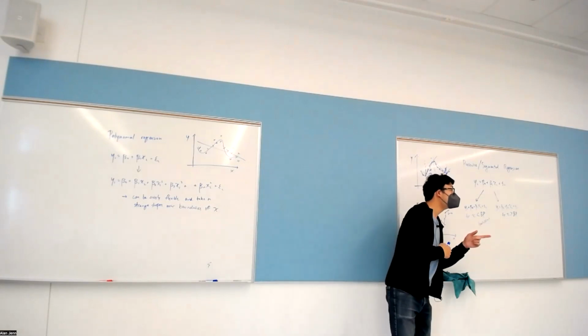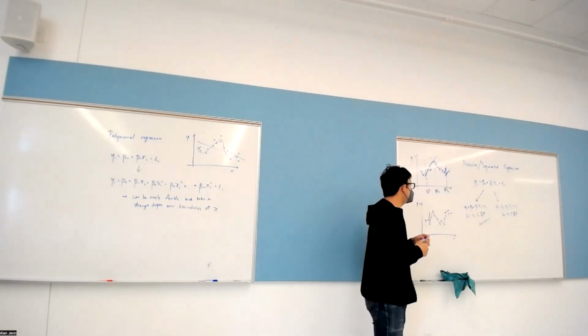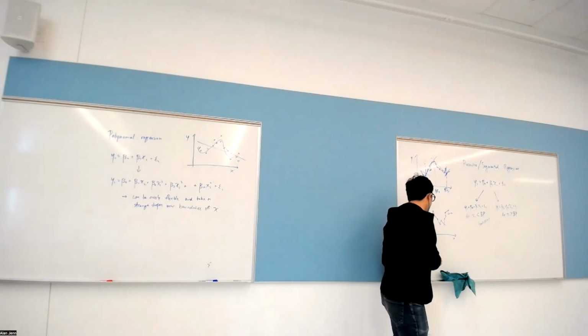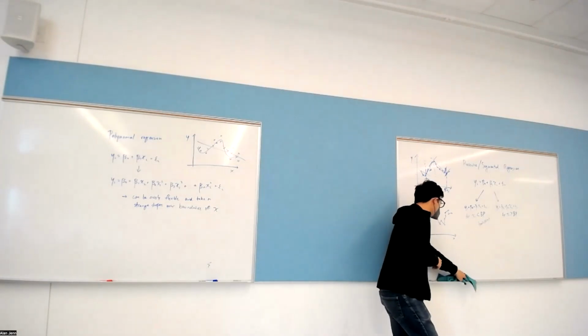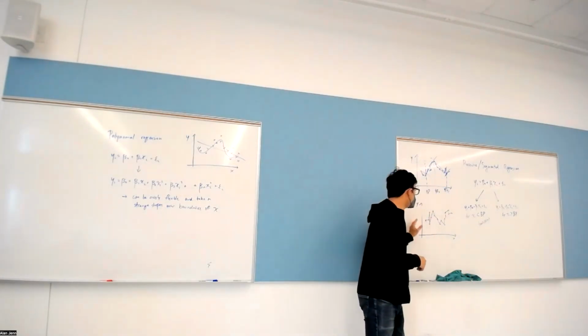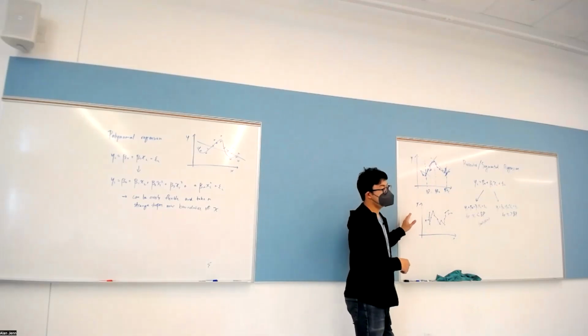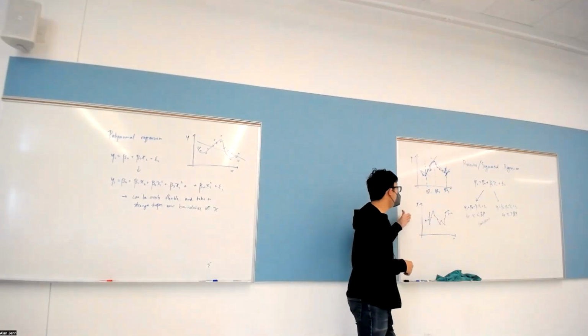Yes, so that is one way you can do it. AIC or BIC. But more generally, you can do a cross-validation.